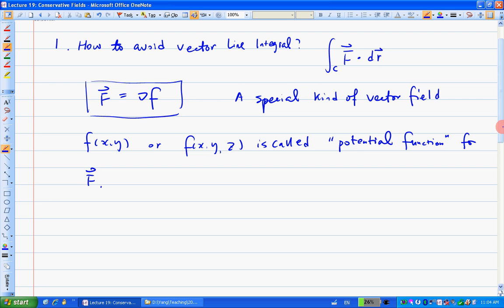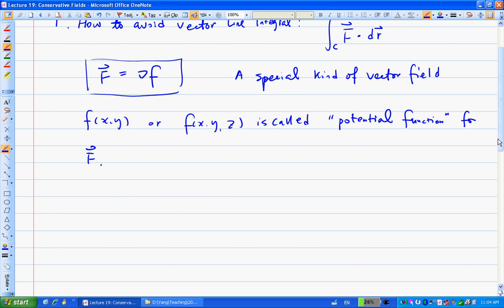Potential is actually not a new word. We have potential energy, we have gravitational potential, we have electrical potential. So this is the general wording referring to those specific cases. For example, we have an electric potential.